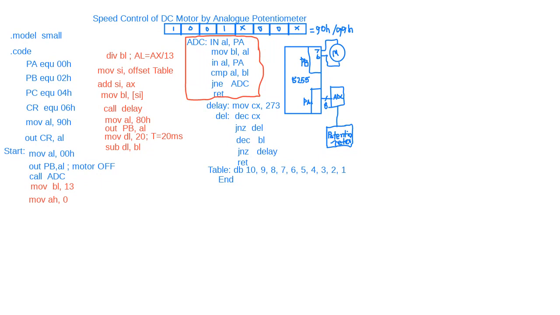So BL is now T minus the off time, which is the on time, and then call delay again. That means the motor is now on for this many milliseconds. Here the motor is off, and here the motor is on.